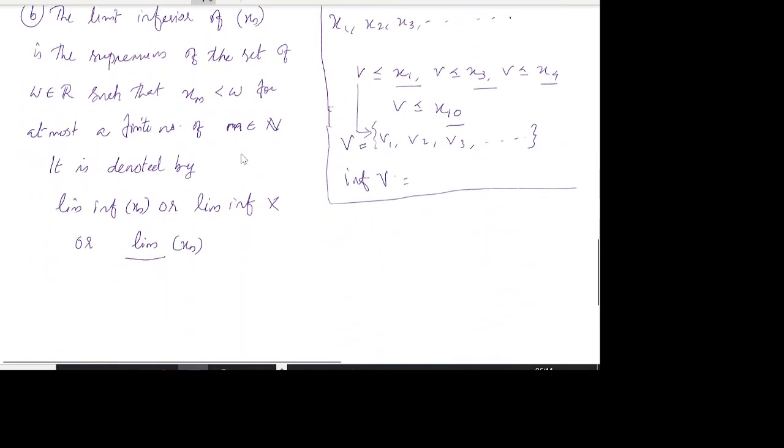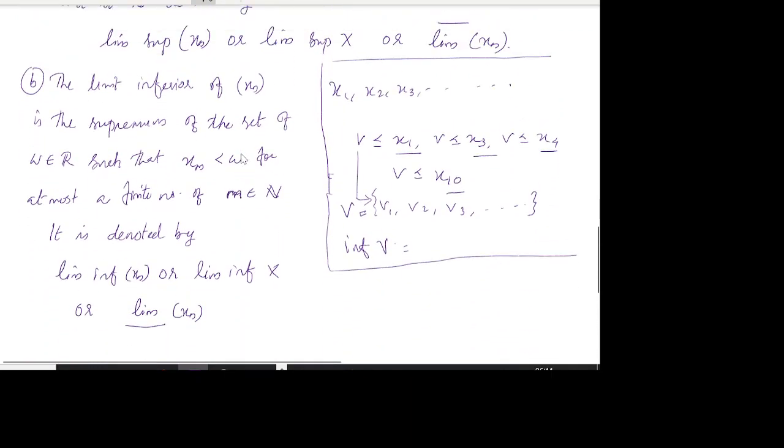And limit inferior means you are going for a collection of elements. That element is greater than a finite number of terms of our sequence. Then we are going for the supremum of such a set, and that is called the limit inferior of the given sequence.